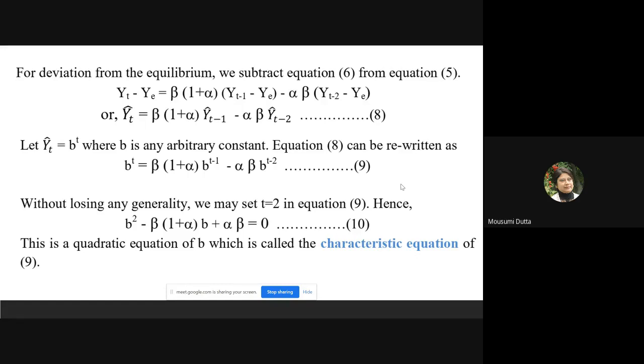So what is b square? Beta square into 1 plus alpha whole square, minus 4ac. What is the value of a? 1. Very good. And what is the value of c? Alpha beta. So this is the numerator, and the denominator is 2.